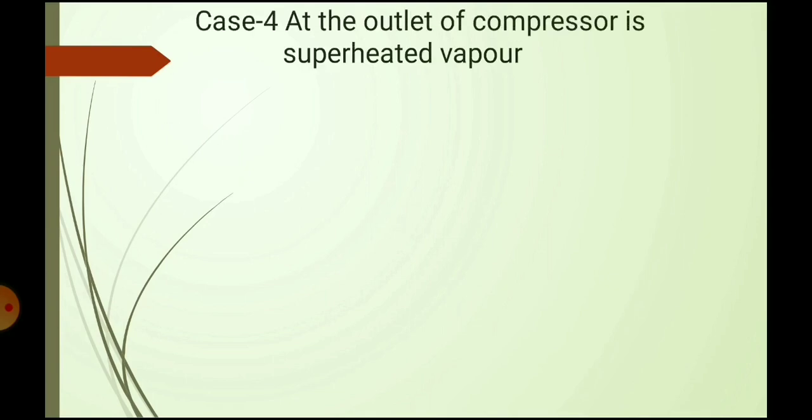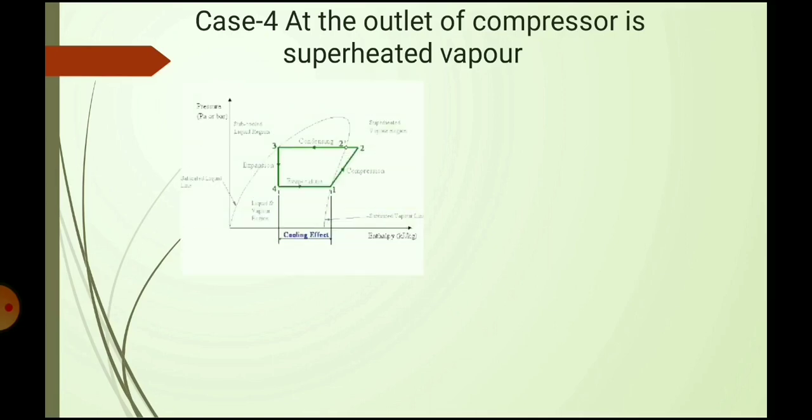Okay. Next is case number 4. At the outlet of the compressor. Outlet of the compressor means it says about point 2. Outlet is 2, and that is superheated vapor. That means at point 2 the refrigerant should be in the superheated region.